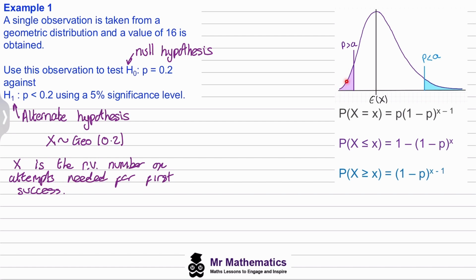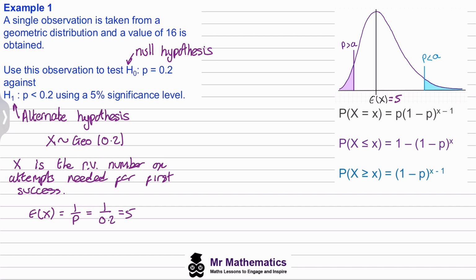So we've got the sketch of a geometric distribution, and we can see that the peak of the curve occurs at the expected value. And we can work out this expected value as 1 over p. So in this case, 1 over 0.2, which is 5. And this tells us we would expect 5 trials for our first success.